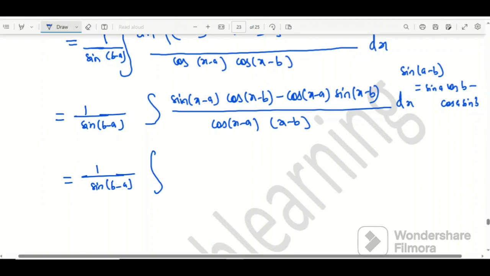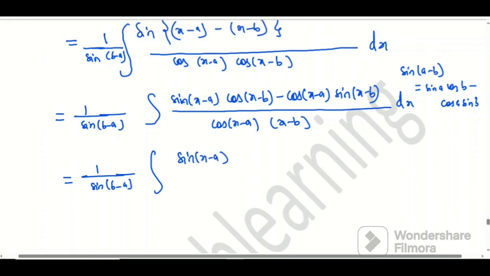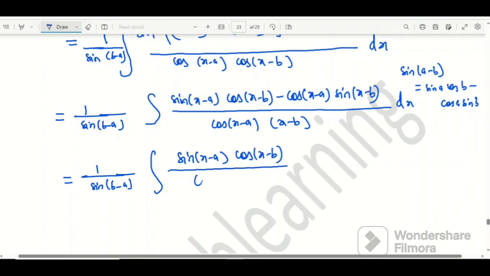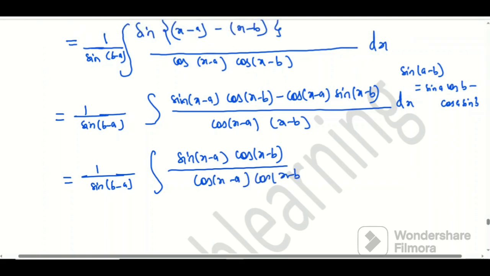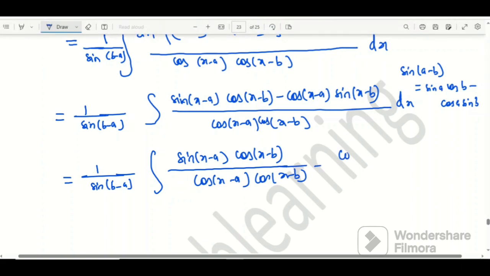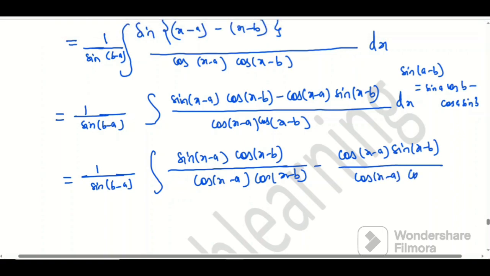Now I can separate this into two fractions. It will be sine x minus a, cos x minus b, by cos x minus a, cos x minus b. I'll be able to cancel one cos term from each expression, minus cos x minus a into sine x minus b over cos x minus a into cos x minus b.